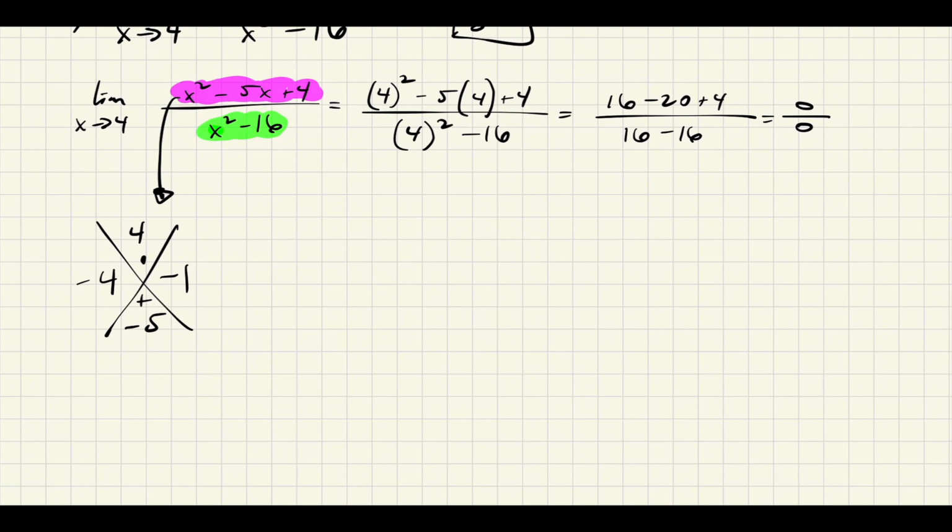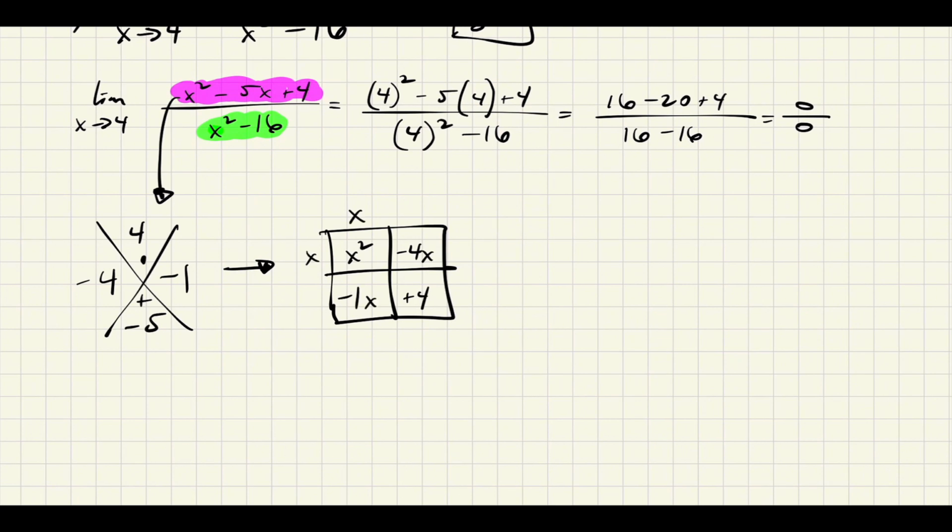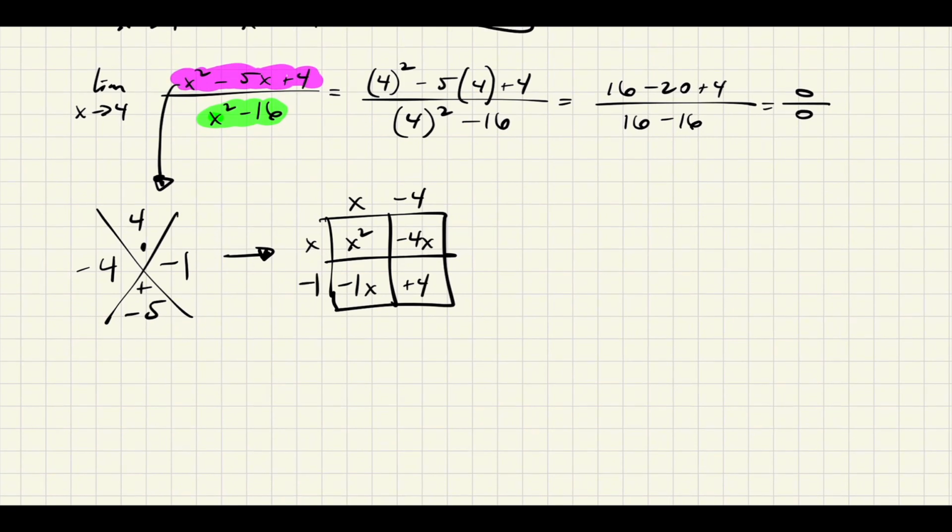Negative 4, negative 1. So you get x squared positive 4 minus 4x minus 1x. So that means the top is going to factor to x minus 4 and x minus 1.